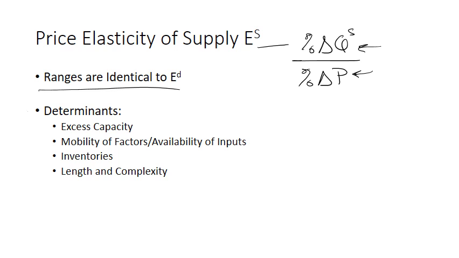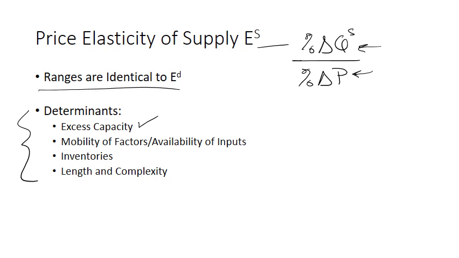In any event, what is going to influence whether or not firms have an elastic response or an inelastic response? First thing that's obvious is how able are they to bump up production? If they have a bunch of excess capacity, they're not running all of their factory at full speed or full tilt, then it's pretty easy for them to respond and actually bump up production if prices rise.